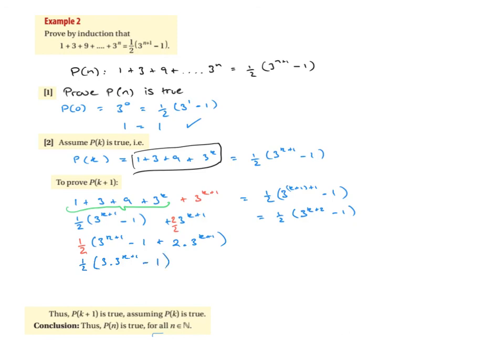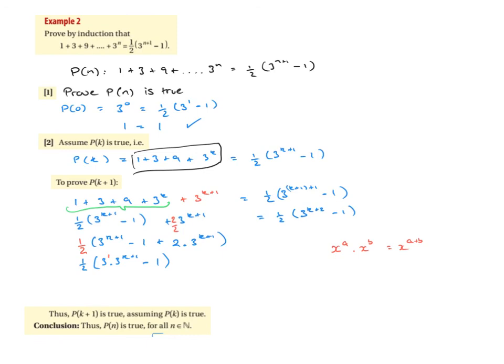is our next line. And now what we have here is we can actually write, if we write the index here, this is actually 3 to the power of 1. And you should remember from your index laws that x to the power of a multiplied by x to the power of b is equal to x to the power of a plus b, i.e. all we do is we add the indices.